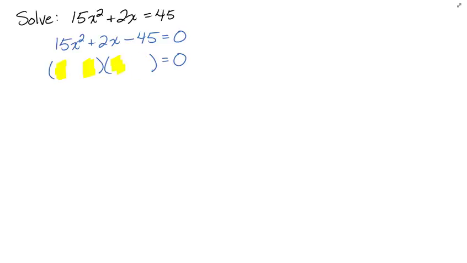And so we just go through the checklist. The first thing we ask ourselves is, we know that the first times the first has to equal the first. So we need to find those two possible things that can multiply to give us 15x squared. There are actually a couple choices there, so let's write them down.